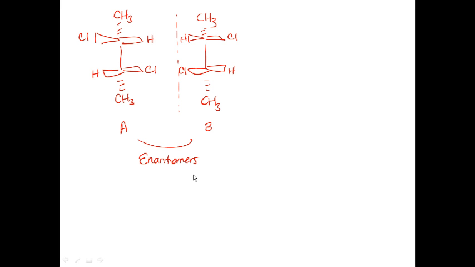So now let's draw a diastereomer to molecule A. How about I keep the top chiral center in the same configuration, and I'll reverse the bottom chiral center.